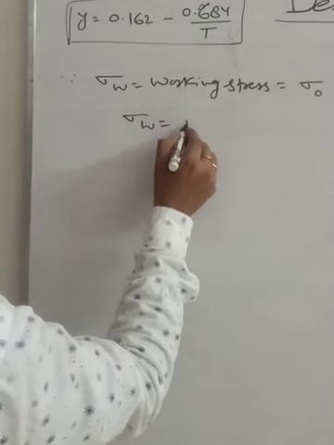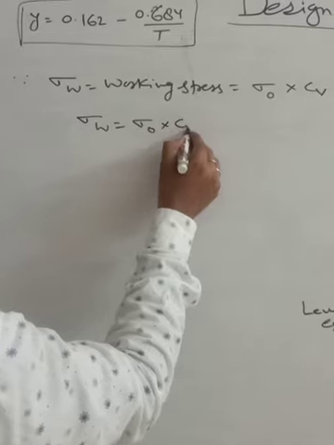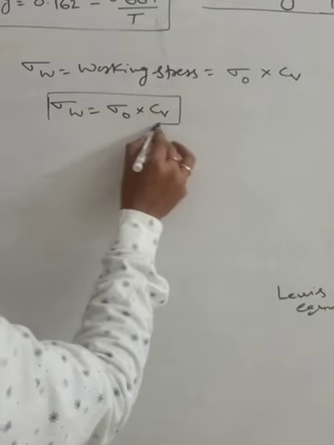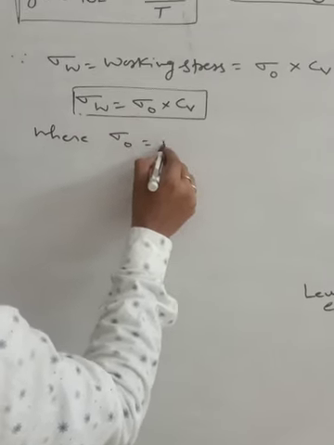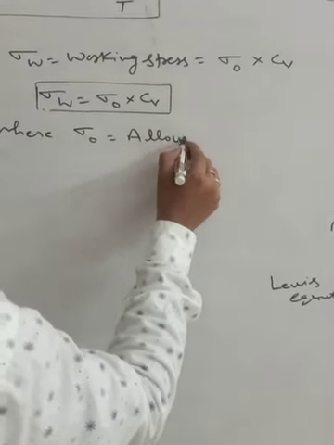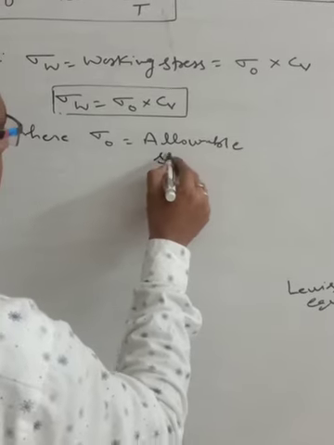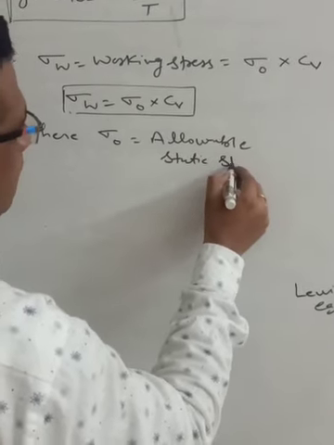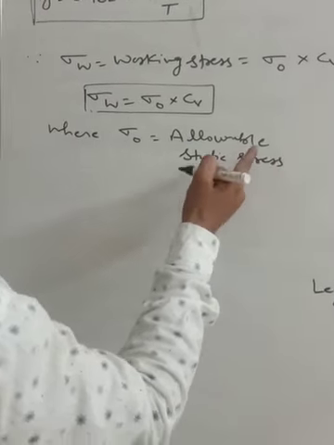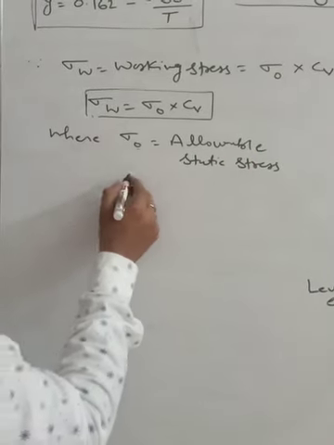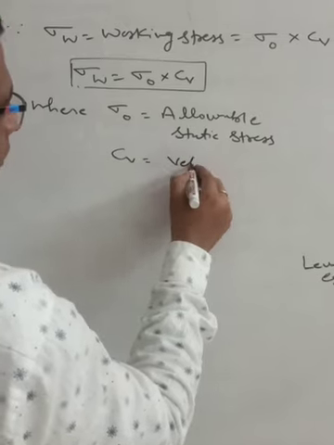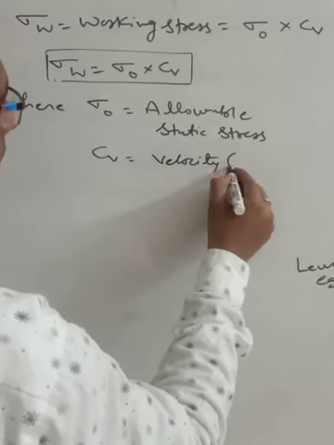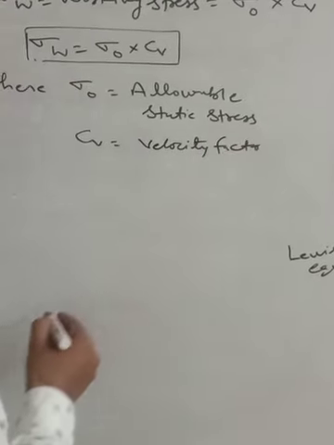Therefore sigma w is equal to sigma naught into Cv, where sigma naught is your allowable static stress. This can be calculated from the design data book, and the value of Cv is the velocity factor.